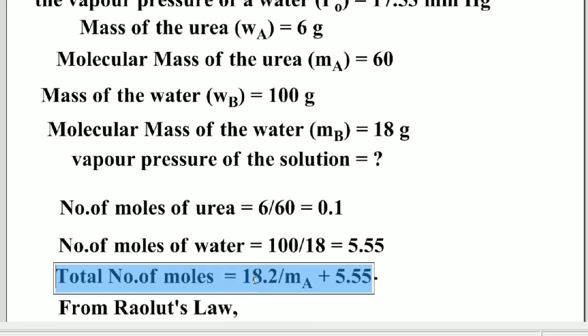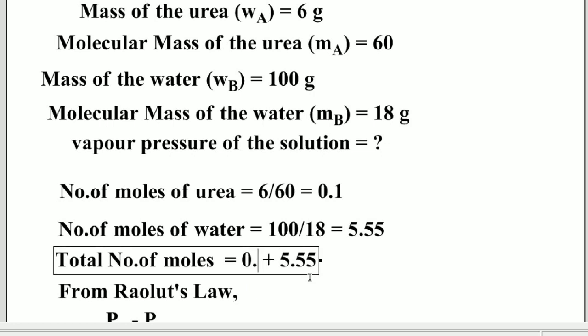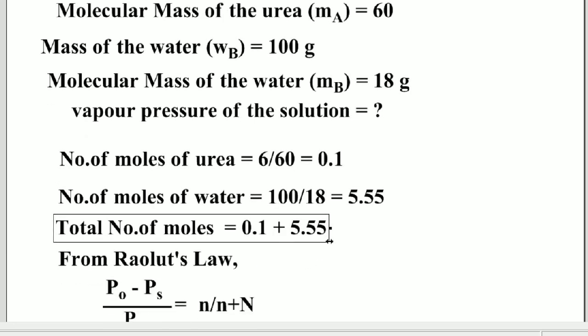Therefore the total number of moles is 0.1 plus 5.55, which becomes 5.65.